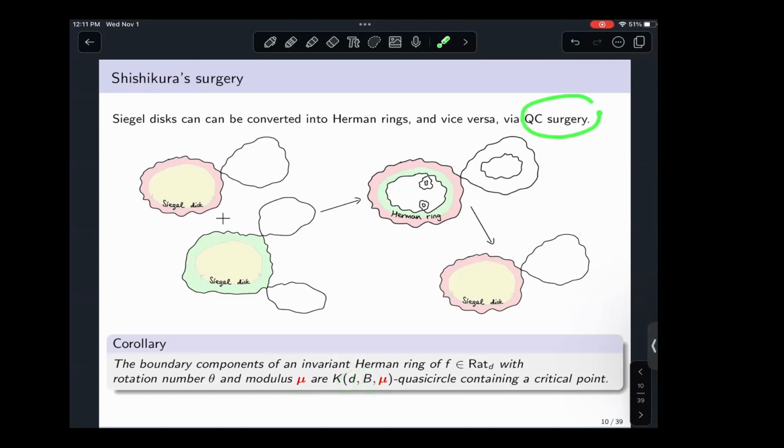But in the QC surgery, we also have an extra parameter that comes into play, which is the conformal modulus of the Herman ring. And in general, this dilatation can be really bad when the modulus is very small, just by this observation. But I'm going to argue that this is not quite the case. I'm going to delete this dependence on the modulus in the next slide.